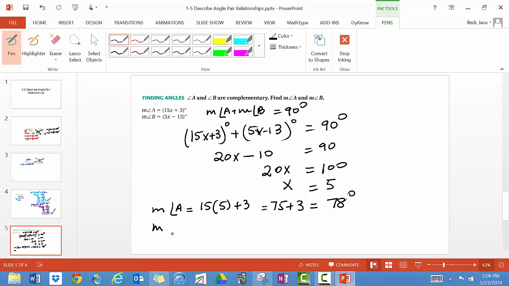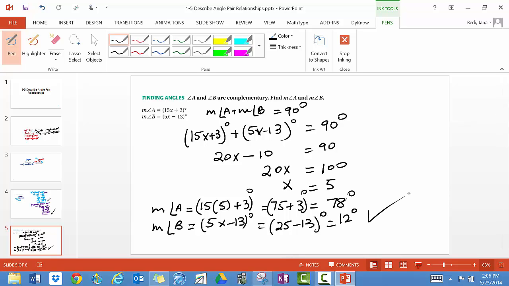And the measure of angle B is going to be 5x minus 13, and we really should be consistent, so let's plug in the degree signs, and we get 5 times 5 is 25 minus 13 degrees is 12 degrees. Now you can tell that 78 plus 12 is 90, so this checks as well.